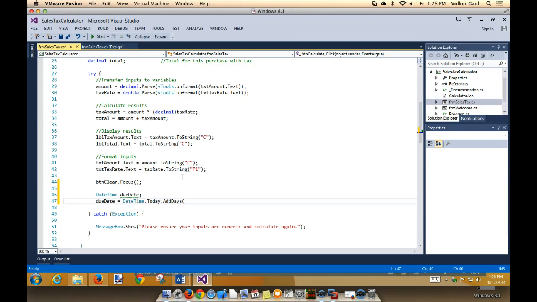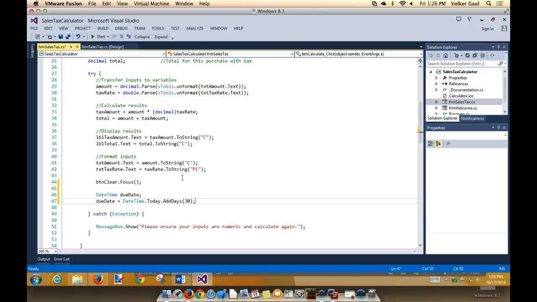My gut feel is this is going to be okay. No squiggles. Does that mean it works? No squiggles means no syntax errors. It's syntactically correct.